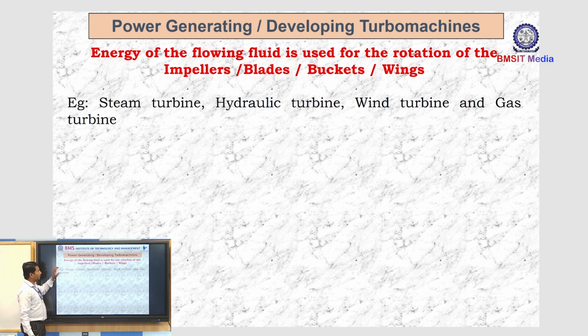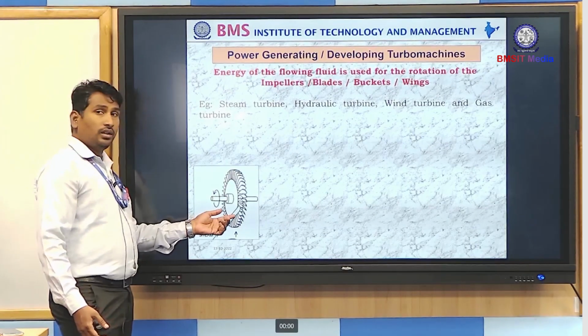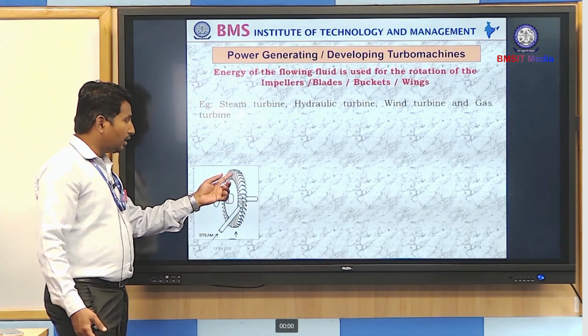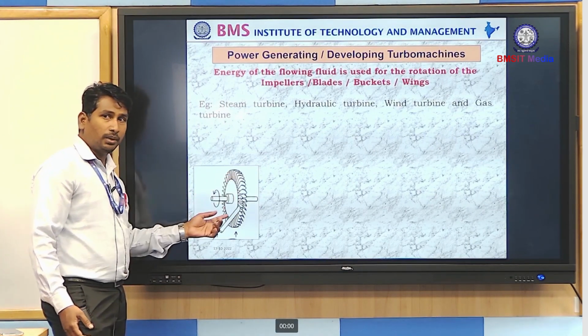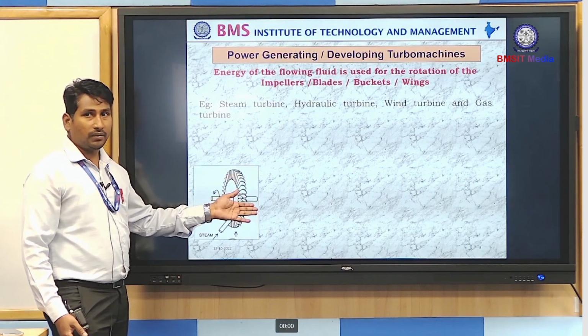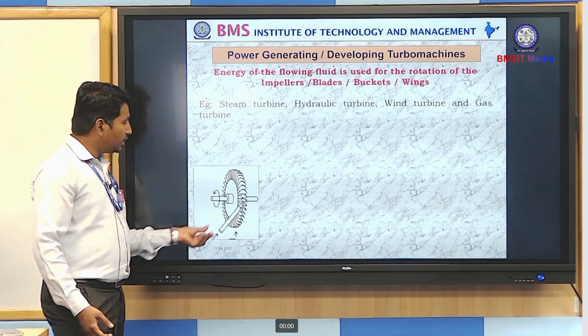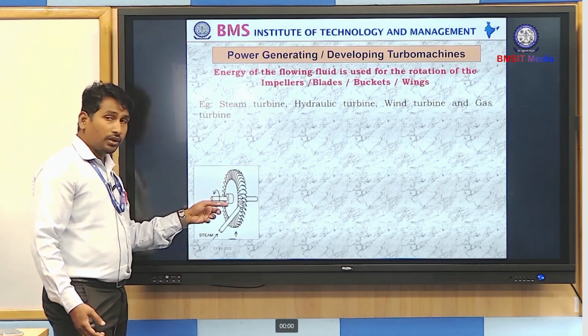So based on the definition itself, all these are classified. Now, this is an example of a steam turbine. The steam enters and hits the buckets, which are also called blades, or a vane. Depending upon the application, we name it in a different way. For instance, we will call it a rotor. The steam hits the rotor and the rotor starts rotating.